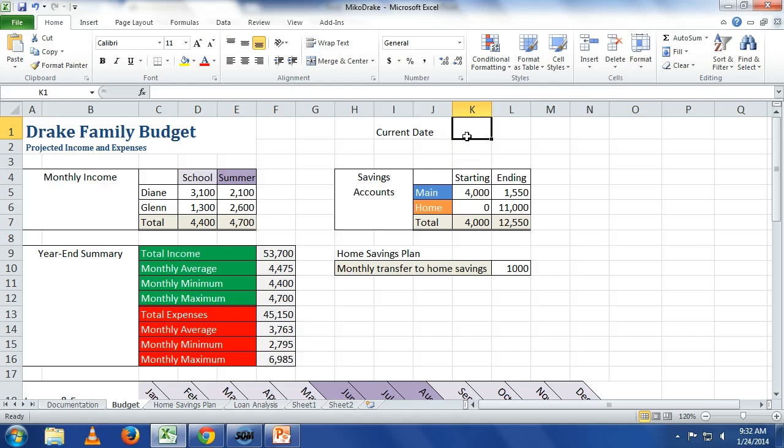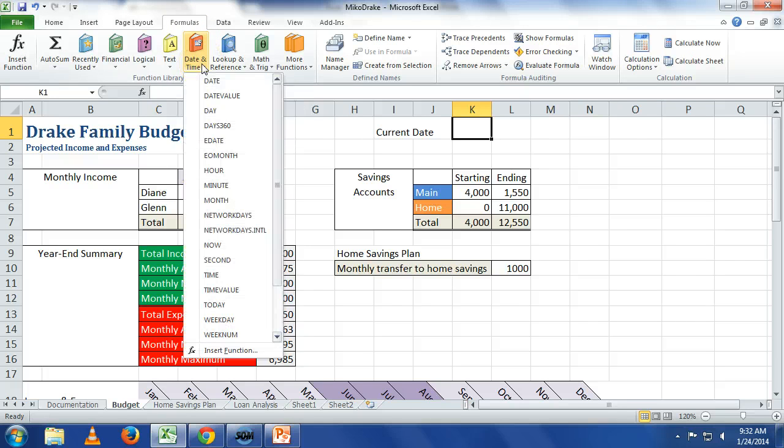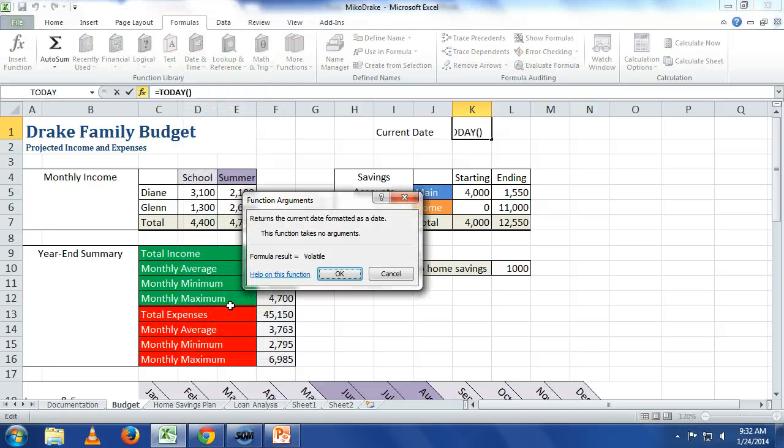Let's go over to K1. Let's go over to formulas, and let's go down to date and time. So click on date and time. And the function it wants us to add in there is TODAY. Okay. And you'll see it gives me a little message. TODAY has open bracket, close bracket, because it takes no arguments.